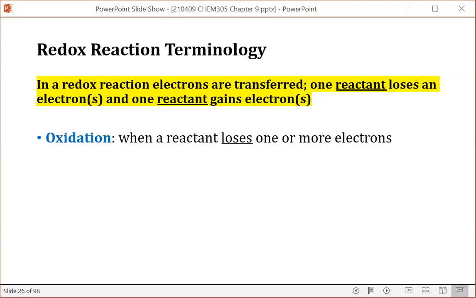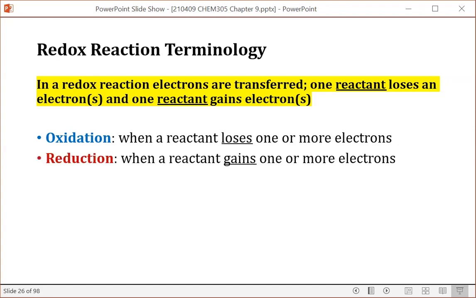So oxidation is the term we use when a reactant loses one or more electrons. So the reactant that loses the electrons is oxidized, and the process that it undergoes is oxidation. Reduction is when a reactant gains one or more electrons. So there's always this transfer.